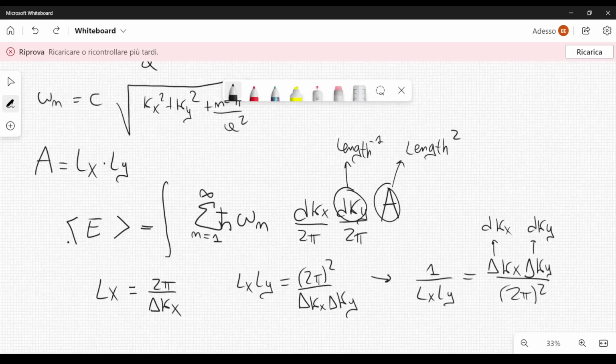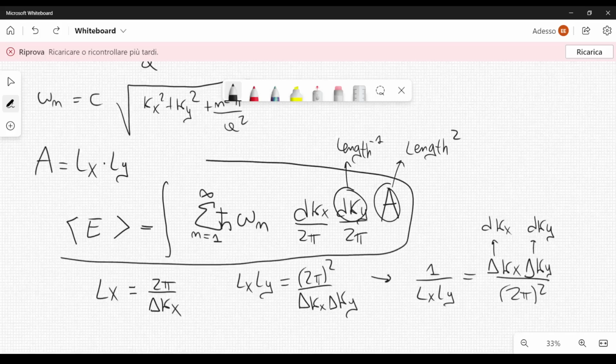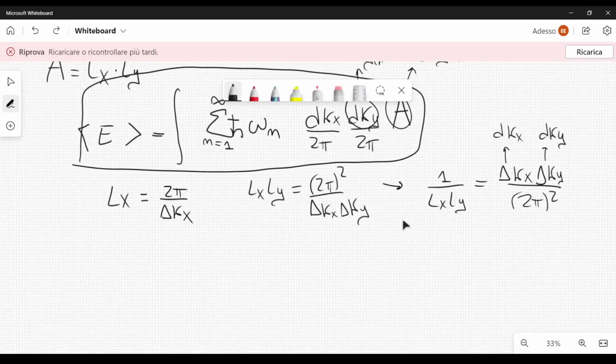Now the problem with this expression here is that if you integrate, and remember omega n as that expression there, over all the possible values for kx and ky from minus infinity to plus infinity, then this is divergent, and it's quite easy to figure out from that expression.